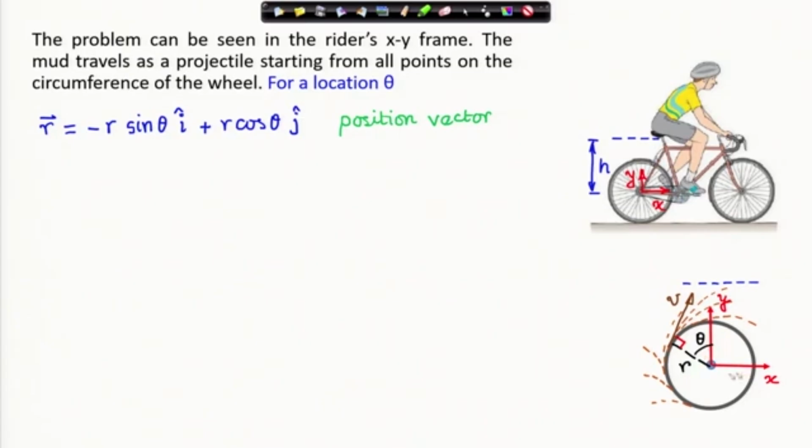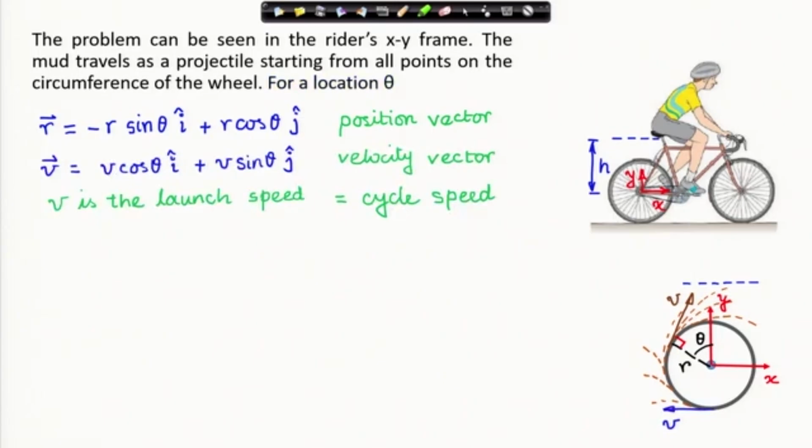In this frame xy, at an angle theta, there is a mud particle which was sitting here, which is projected along this velocity direction. Now, the position from where the mud particle starts is r vector equals minus r sin theta i cap plus r cos theta j cap, which should be very easy for you to represent. So, this is the position vector of the mud particle when it starts.